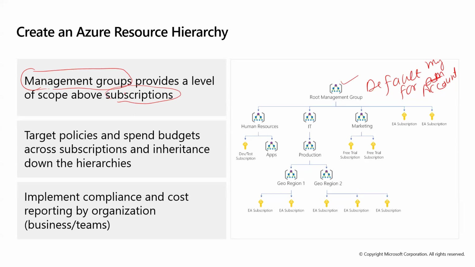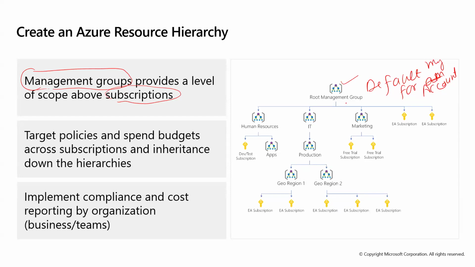Even small scale organizations or startups have multiple subscriptions. Now, how could you manage your subscriptions effectively? In order to manage all the subscriptions and the governance policies, you could go with the concept of management groups.